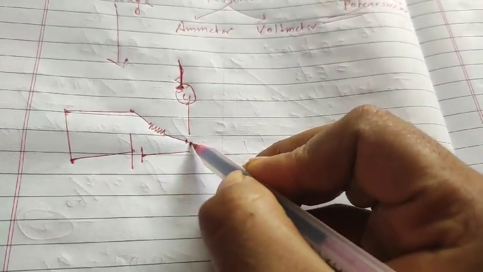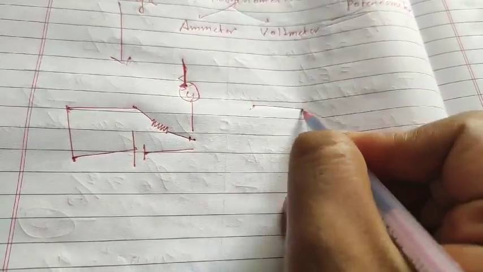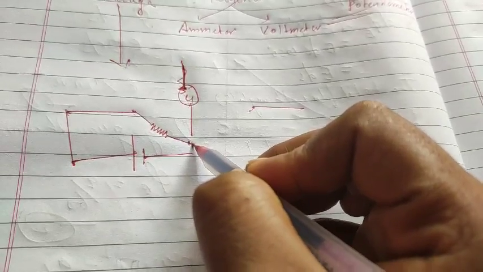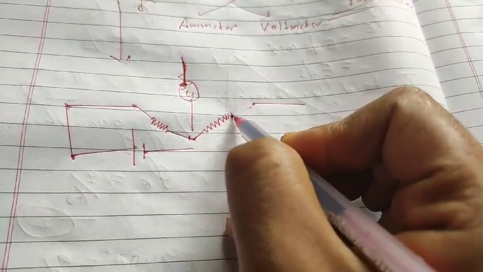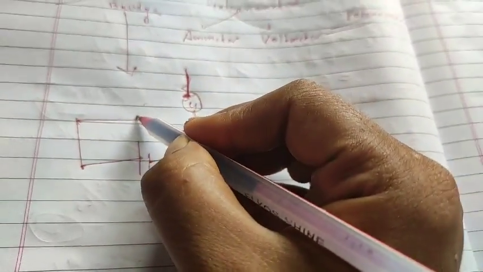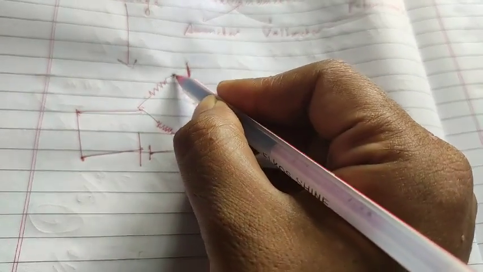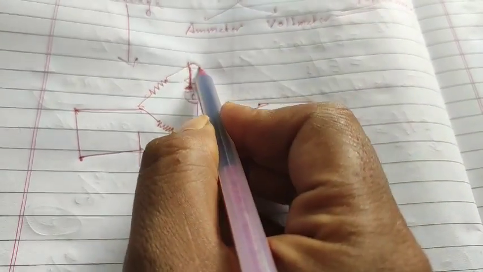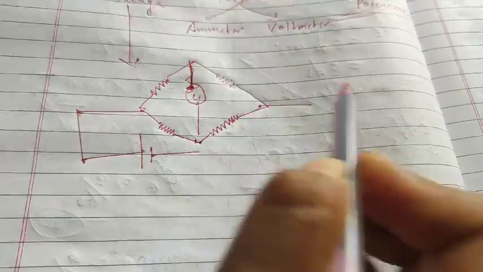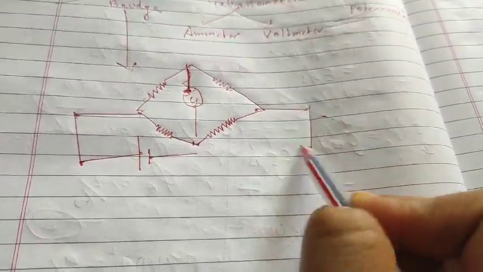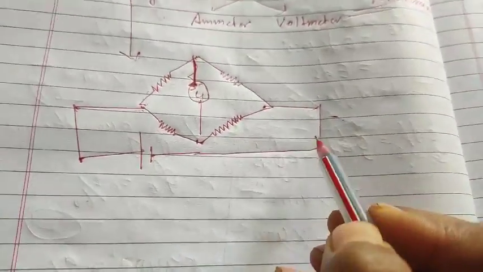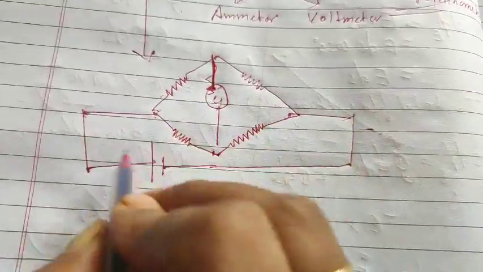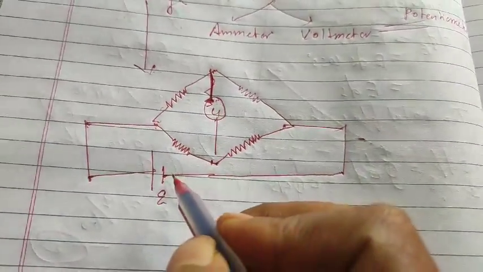Again you take another point here, it is easy for us to do. Then take one resistor, join it like this. Then here again take one resistor, join like this, and again take one resistor, join like this. Getting these two endings you can join. Clear to you?